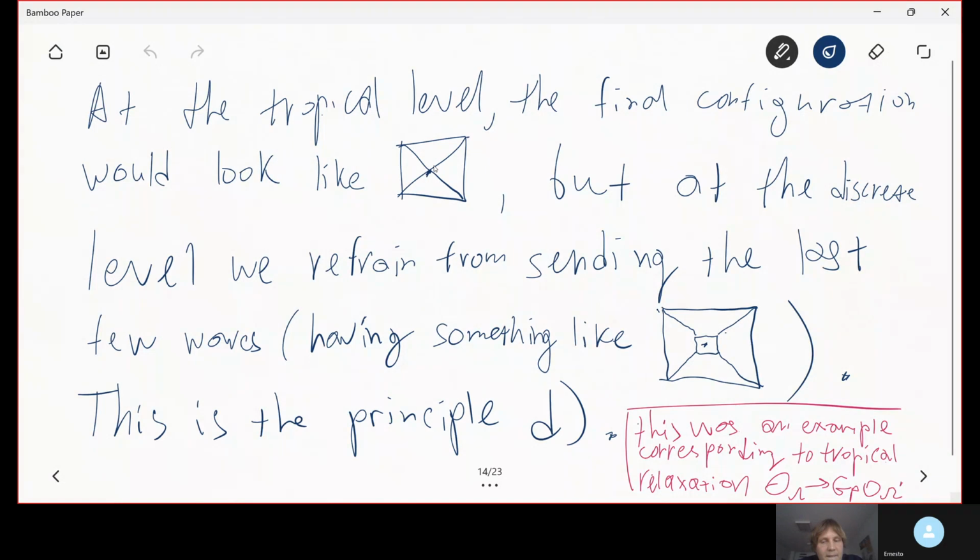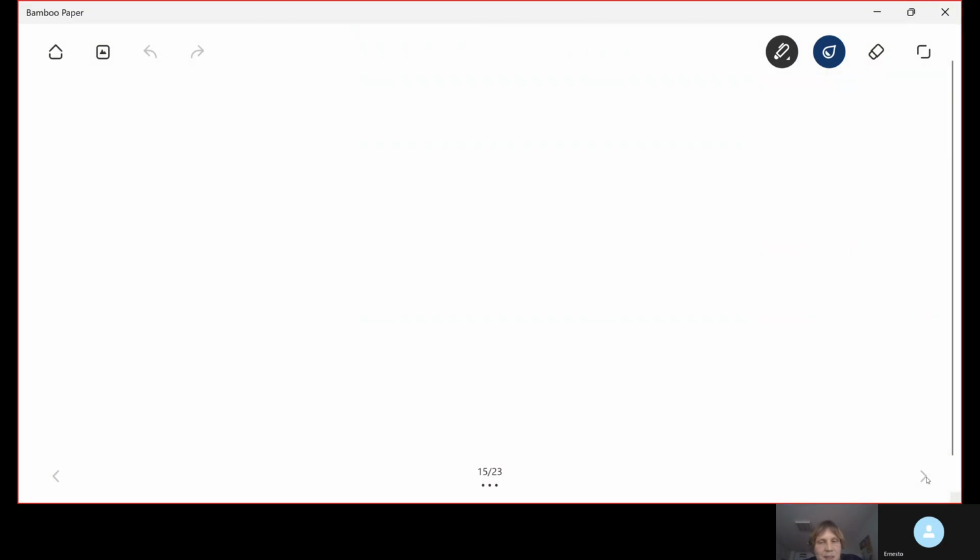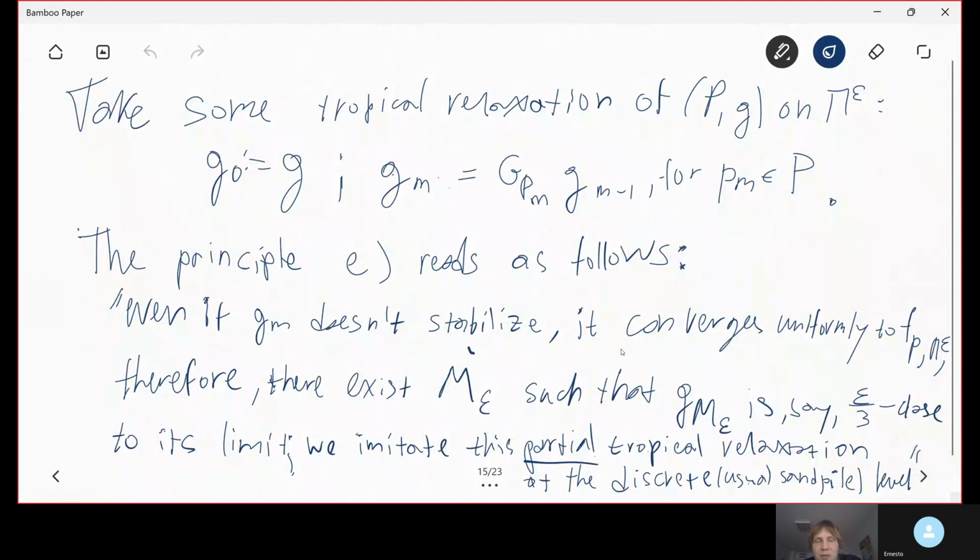Yeah. Okay. And now the last principle, I told already, you start with this small g, and you consider the relaxation started from this point. So at some moment, even if this relaxation doesn't stop at the tropical level, we still truncate it.